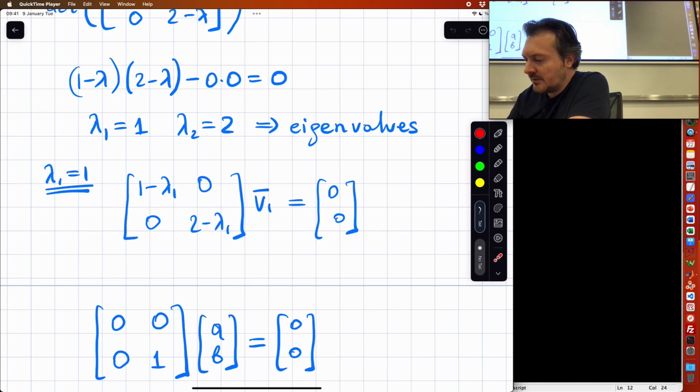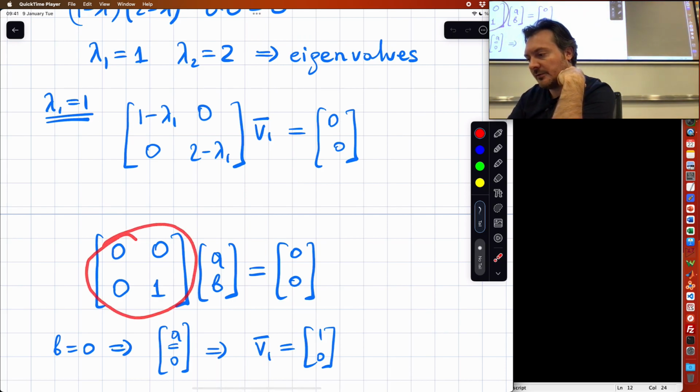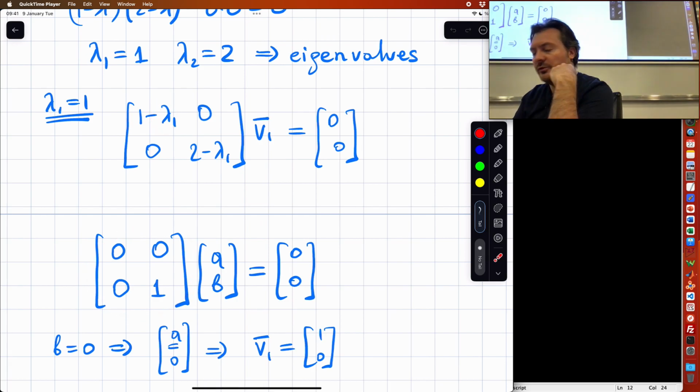This is just a method. So you basically subtract the eigenvalue from the diagonals, right? And then you figure out a vector such that when you multiply what you get after removing the eigenvalue, you should get 0, right?